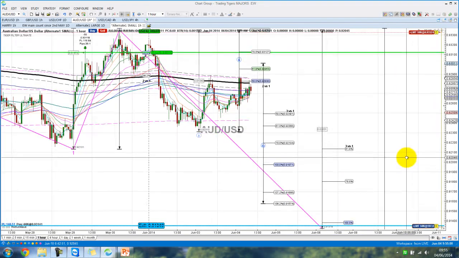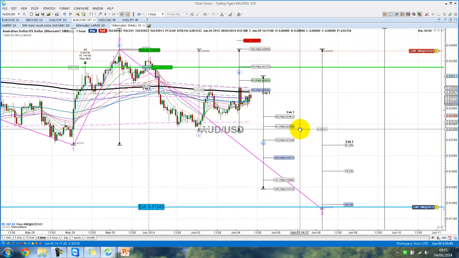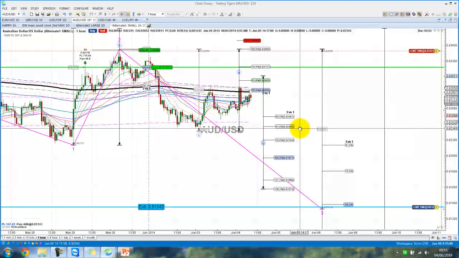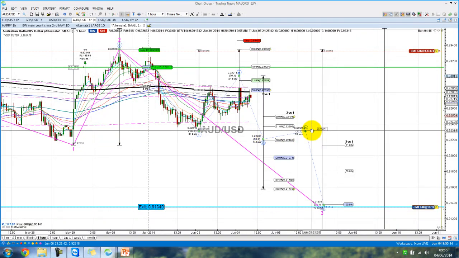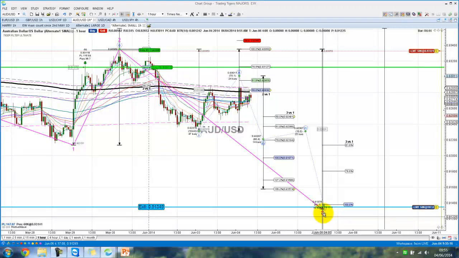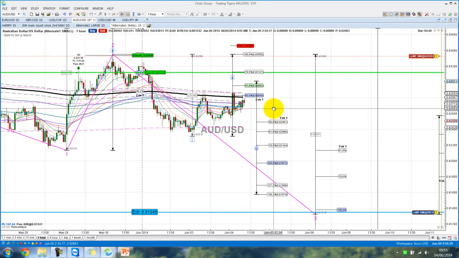That could be another consideration if you're happy to take it on that low with the expectation of price coming down accordingly. Or you could wait for the wave 4 to come up and then knock it down for the wave 5. So there's quite a few different ways to do it.